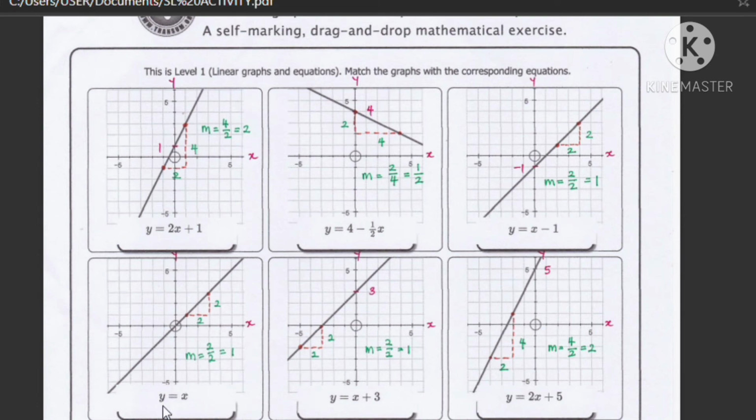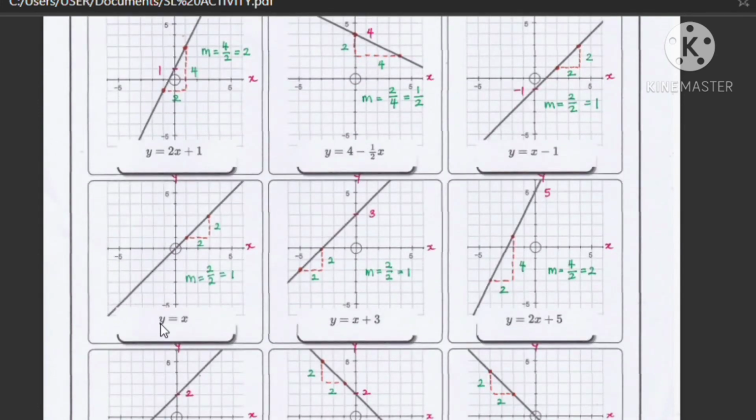So for this question, the answer is y equal to x, where the straight line is going upwards and it is positive.